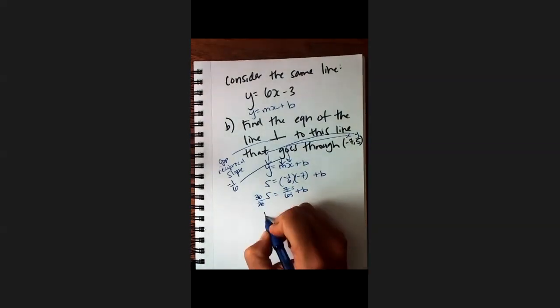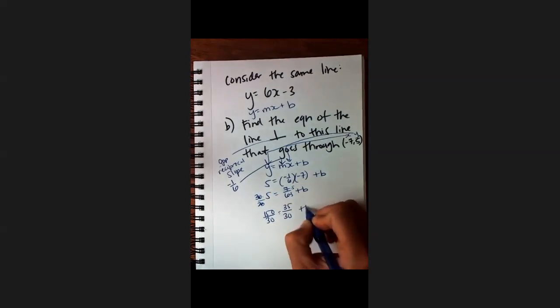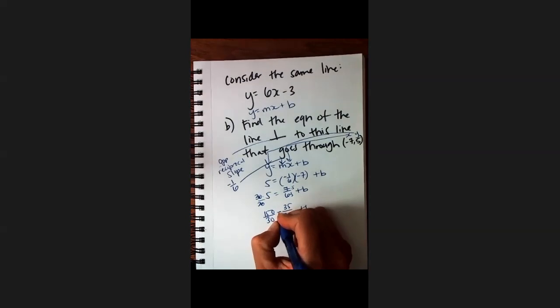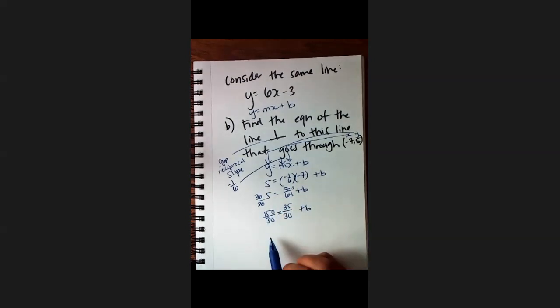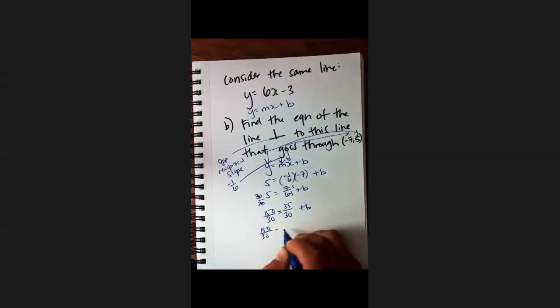So it'll be 150/30 equals 35/30 plus b. So 150/30 minus 35/30 equals b.